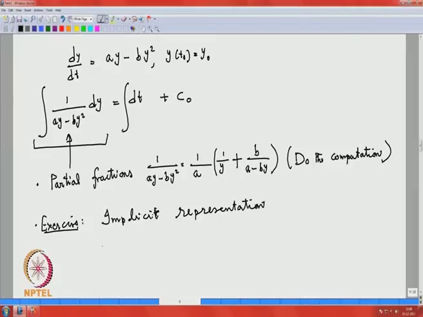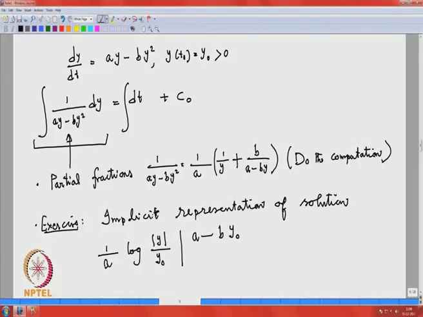You prove that the representation of the solution is, how do you get an implicit representation of the solution? 1 over a log of modulus y by modulus y naught. y naught is a positive quantity which is given to you, or it can be 0 also, no problem, but here it is greater than 0, into the modulus of a minus b y naught by a minus b y, is equal to t minus t naught. So you have a solution representation.